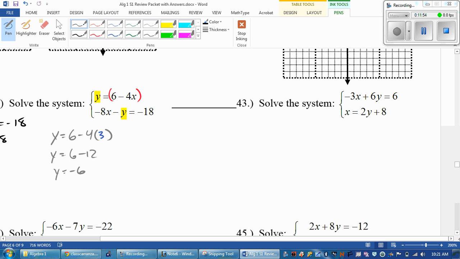Okay, number 43. Once again, before you decide what you're going to do, look at the equations. The x is by itself, so we're going to plug that in. It's the same thing, but this time, instead of plugging in for the y, we're going to plug in for the x.